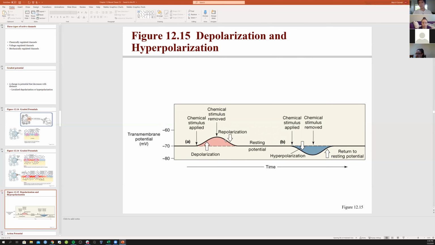Why do we say depolarization? It's because the cell is polarized. The cell is at negative 70 millivolts. That's a polarized cell. If it was at 0 millivolts, that's not a polarized cell. So whenever it goes from negative 70 closer to 0, it is depolarizing. It's going back to a non-polarized state, basically.